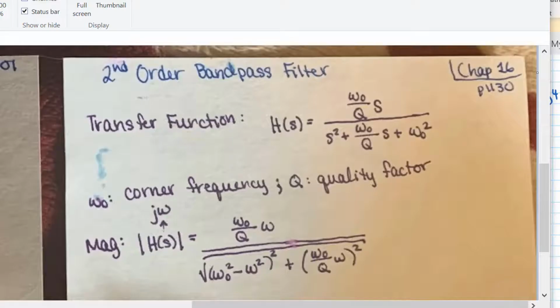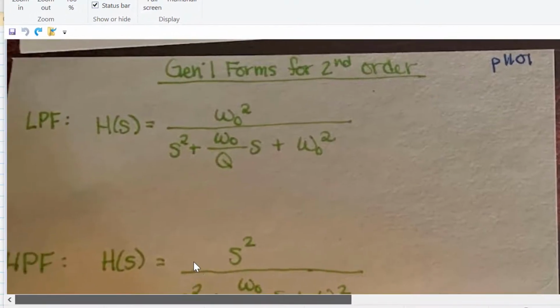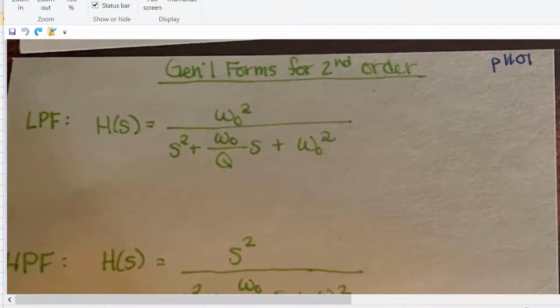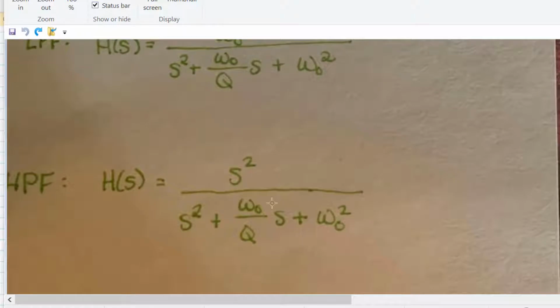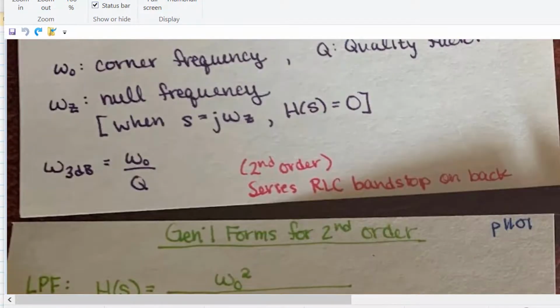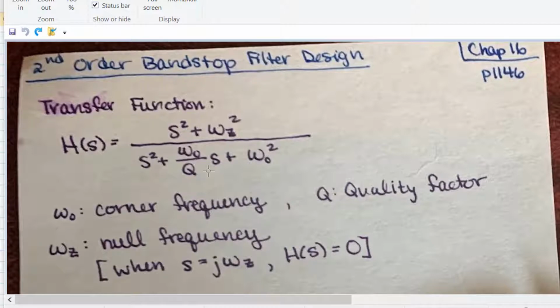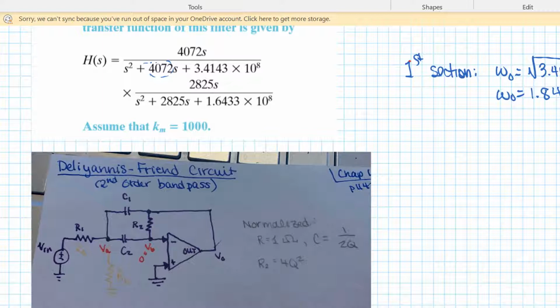Regardless of which type of function it is, the coefficient of s is omega naught over Q. Bandpass, omega naught over Q. Low pass, omega naught over Q. High pass, omega naught over Q. Band stop, omega naught over Q. So for the first section, we get omega naught over Q equals 4072.